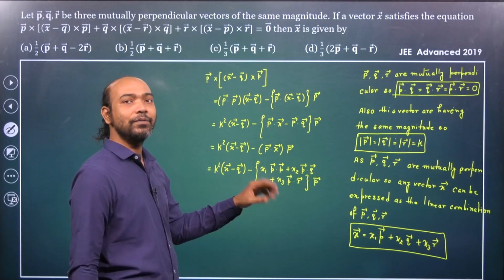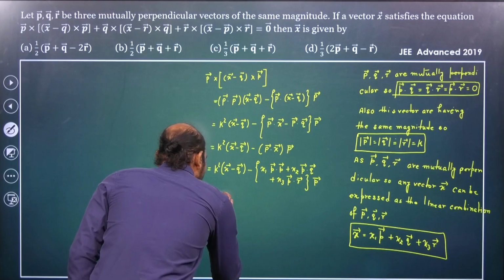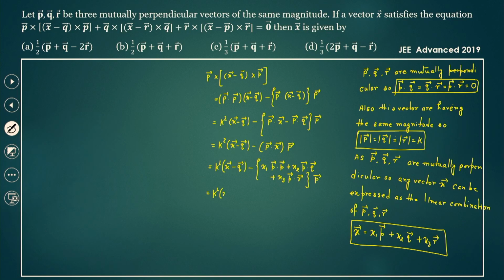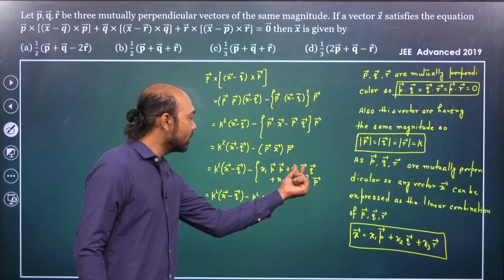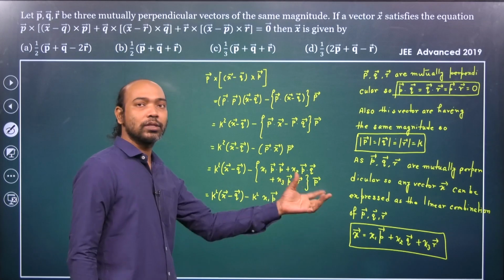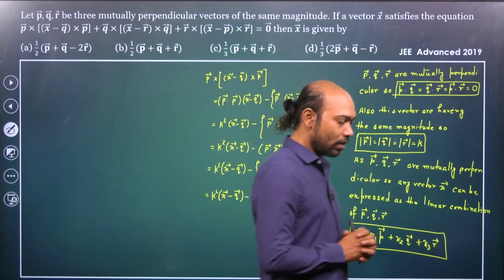Again, p dot p gives me the k square, right? So therefore this problem can now be simplified as k square into x vector minus q vector, minus k square x1 into the vector p, okay? That's it. This gives me k square, this gives me 0, this gives me 0. So therefore we are able to simplify the final value.